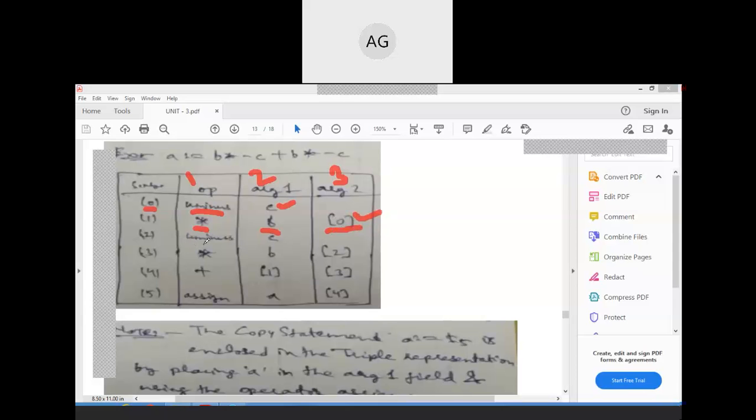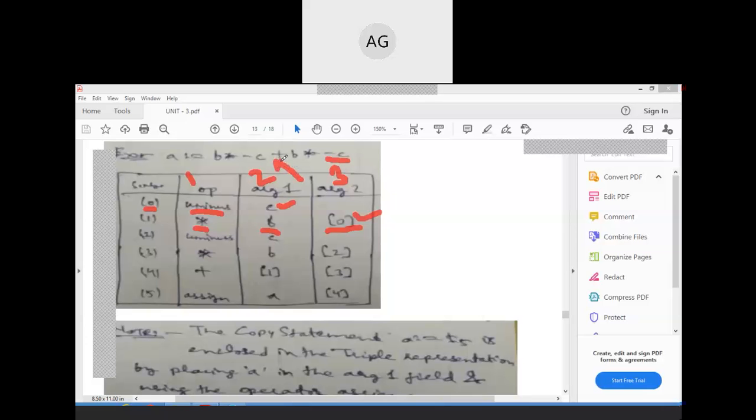In the same way, we are going to evaluate the right hand side of the plus operator. We also have the unary minus here, and then we calculate b into unary minus c, and after that we store the plus sign.